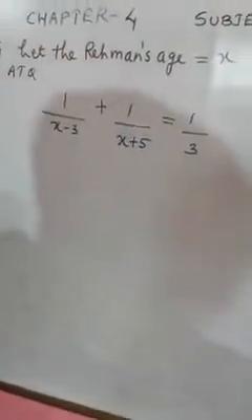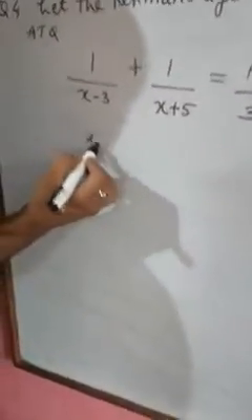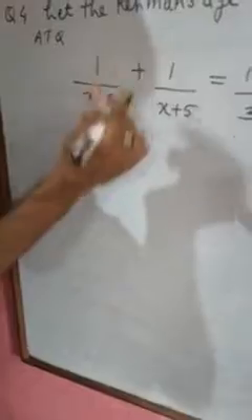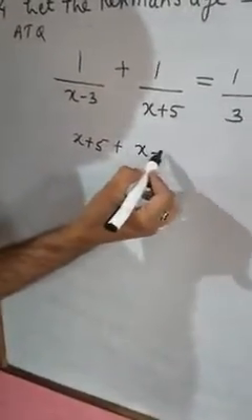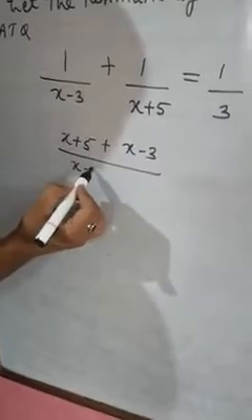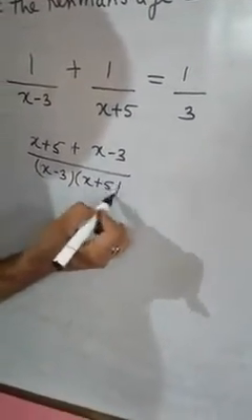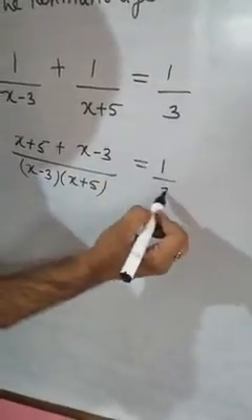Now after making the equation, what will we do? We will take the LCM, like we did in the previous question. x plus 5 plus x minus 3, and x minus 3 at x plus 5. This is after taking the LCM.